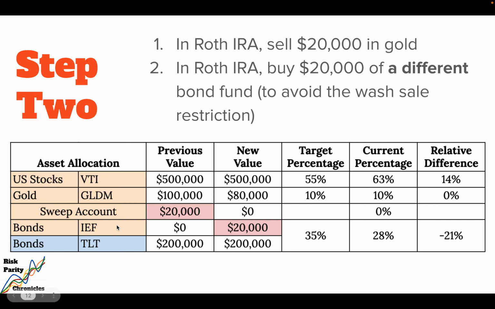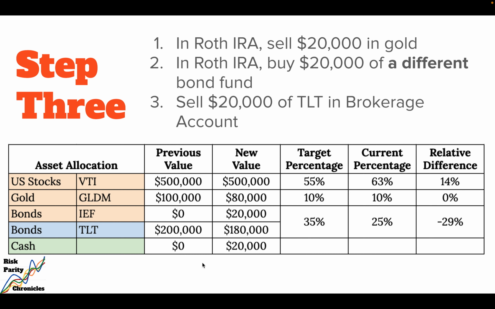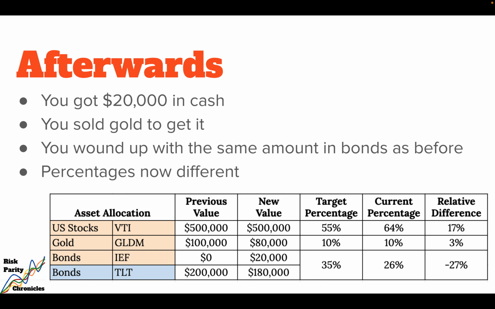So these are not substantially identical, and I've switched out my long-term exposure for a little bit more of intermediate term exposure. Step 3, I will then sell $20,000 of the long-term bonds in the brokerage account, and then this will become cash that I can use. So summing it all up, I got my $20,000 in cash.